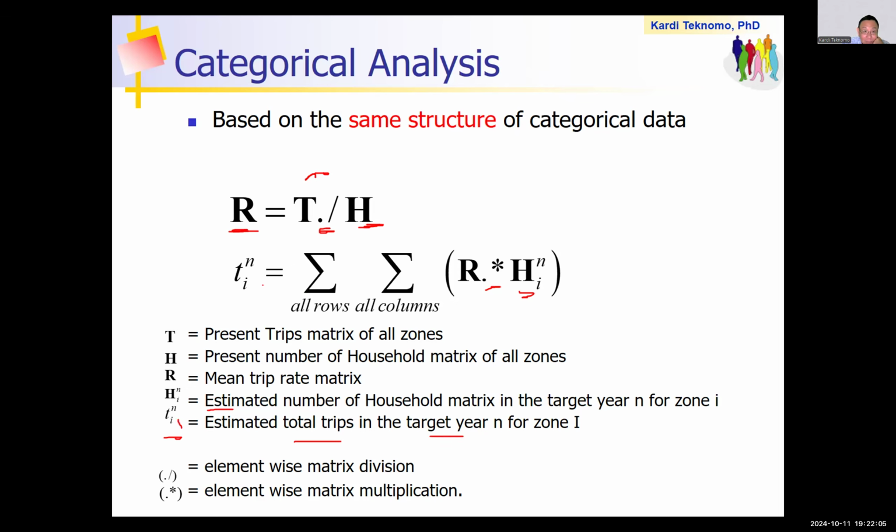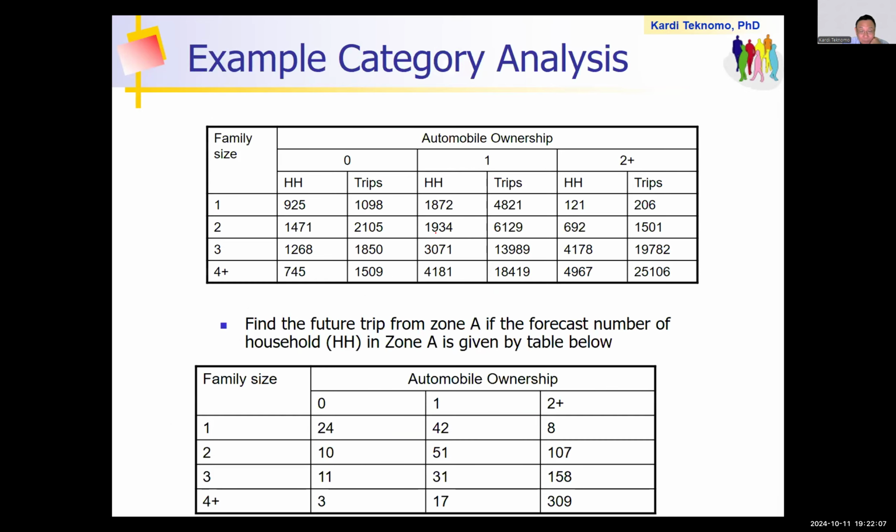Let's give examples so that you can get clear. Suppose you had the survey. After you do the survey, you know the number of trips. Now, this survey is based on the family size, the number of household, the number of trips, and the car ownership. We divide into three categories: 0, 1, and 2 or above.